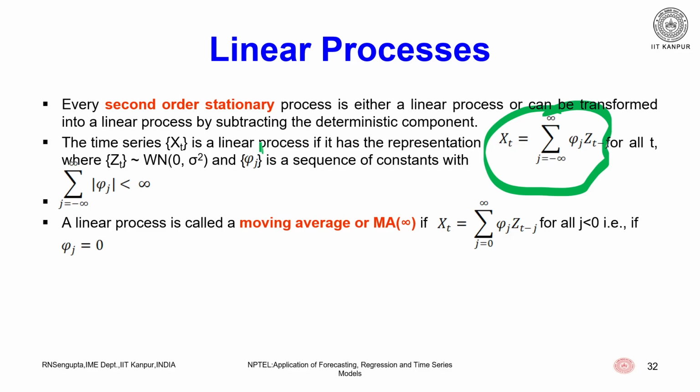And this is a sequence of constants such that the sum of their modulus is always bounded, and you can choose this constant depending on how you want to simulate using Monte Carlo simulation in order to have a whole gamut of different types of scenarios being generated in front of you. A linear process would basically have a moving average, which should be constant, and if it is not, obviously the first moment would not exist.